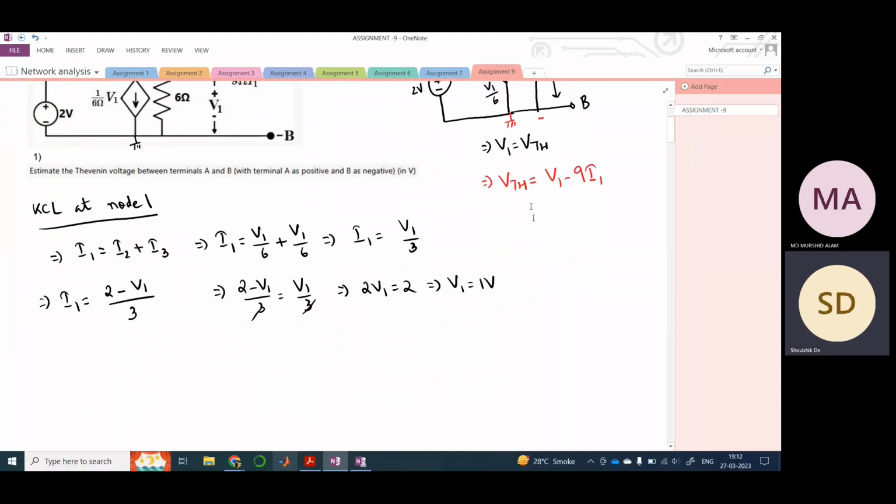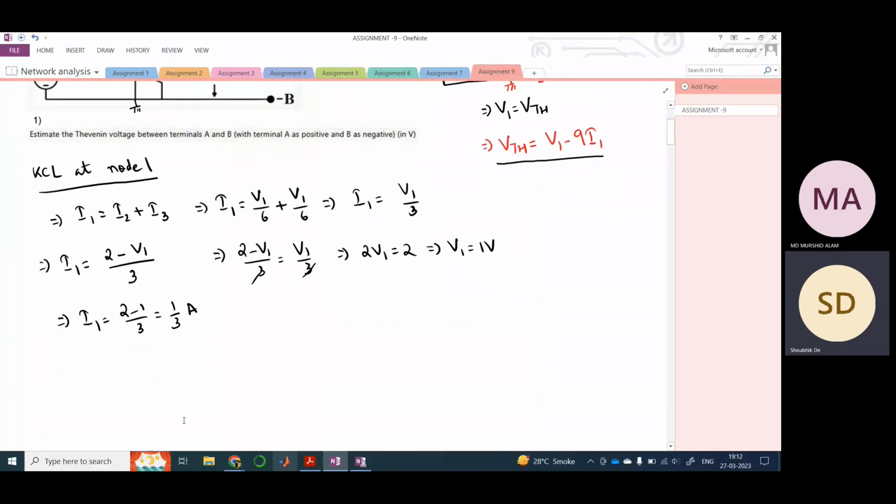Now if you look at our initial equation, it would be 2 minus 1 by 3, it is 1 by 3 ampere, right? Therefore we have got I1, so VTH would be V1, which is 1 volt, and this is 9I1, right?